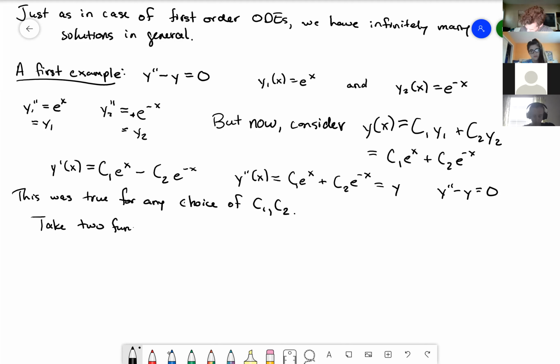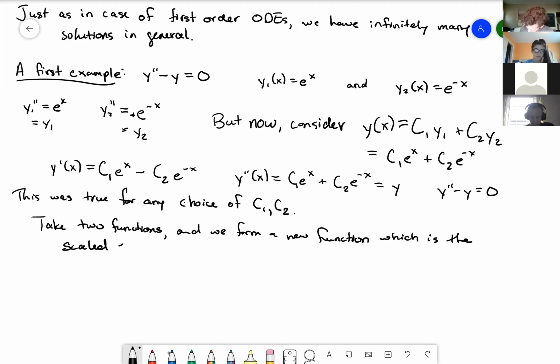We take two functions and we form a new function, which is the scaled sum. So I'm writing this, we're taking these two functions, we're scaling them by some constant, and then we're adding them together. So I'm calling this, just for the moment, a scaled sum.